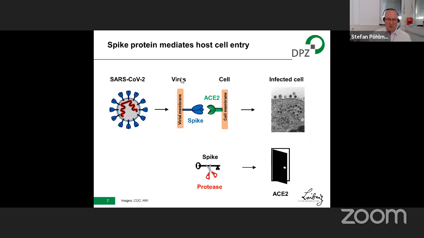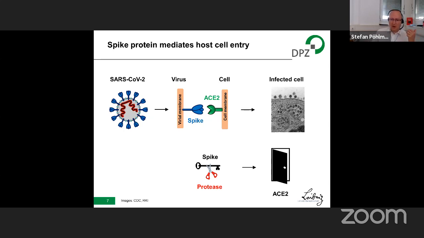So this is the basic concept. It's simple enough. The spike protein sits on the surface of the virus and mediates virus entry into target cells. And my lab and others could show that for this, it needs to interact with host cell receptors, specifically the ACE2 protein, which is also used by SARS coronavirus 1 as entry receptor, for access to target cells.